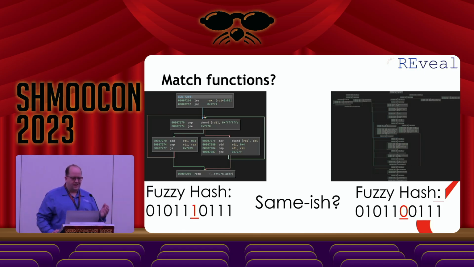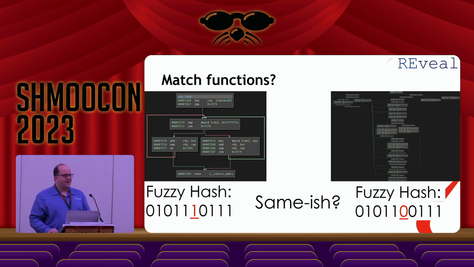So let's say you have this sort of output, and then they will do some similarity metric, like the number of bits that are the same here, and they might conclude that these two functions are the same-ish, which isn't a very useful metric, in my opinion.